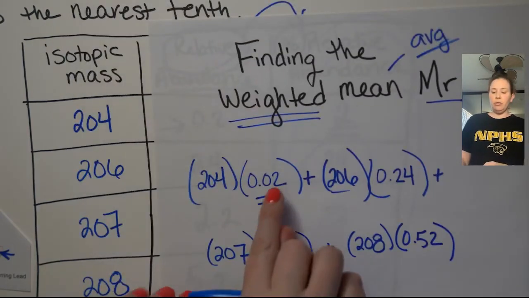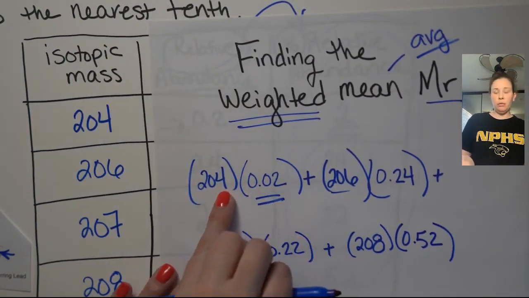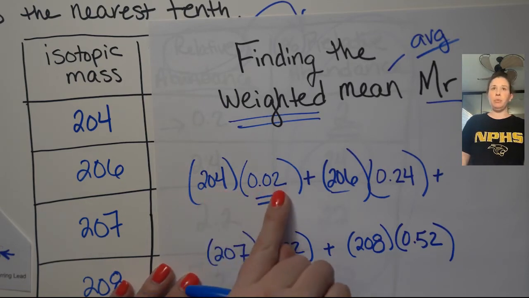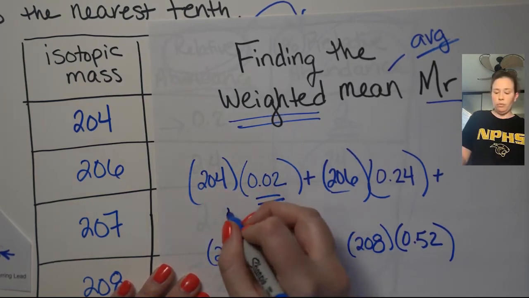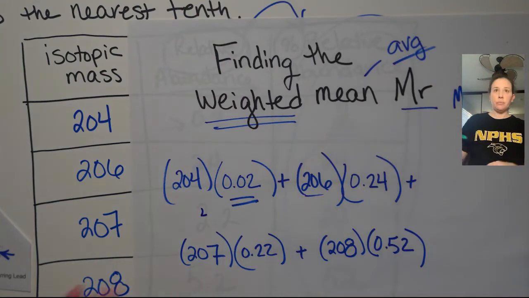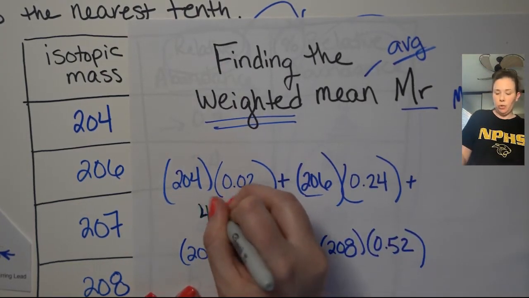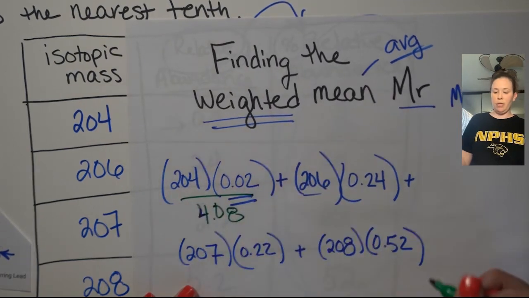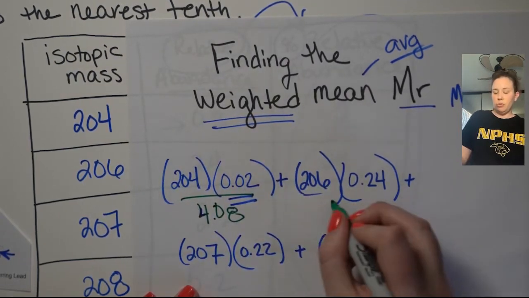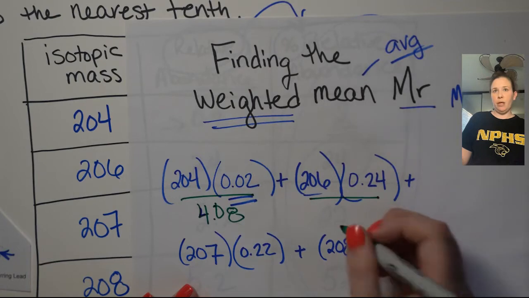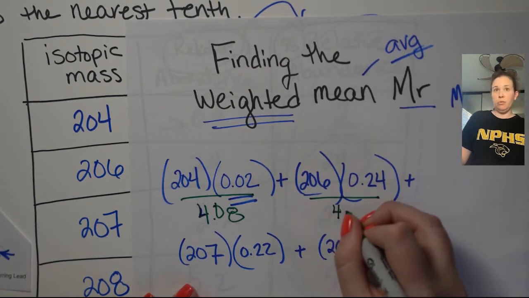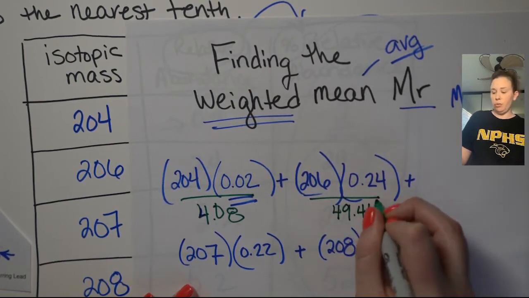So when I find 2% of 204 by typing in 204 times 0.02, you get 4.08 for that section. For 206, finding 24% of that is going to give you 49.44.